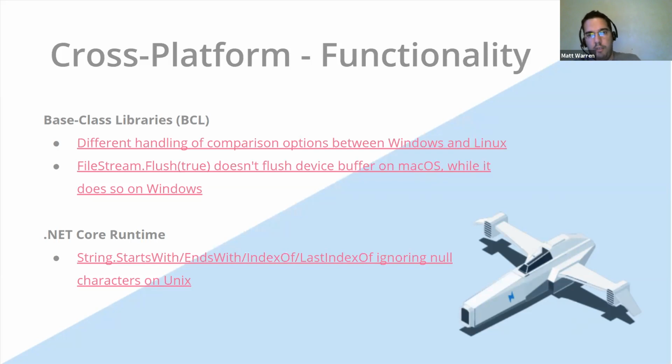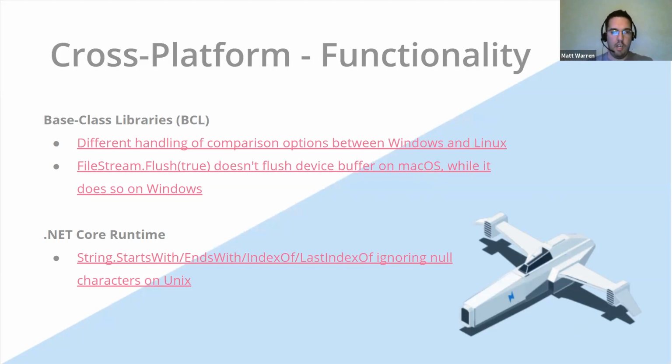One is that you have to really test the functionality. .NET is a platform, and it attempts to abstract a lot of things away, but it also at various points relies on the underlying OS. Just to show some examples, there are different places: comparison of strings, when you get down to file streams and flushing buffers, that's very much tied into the OS.